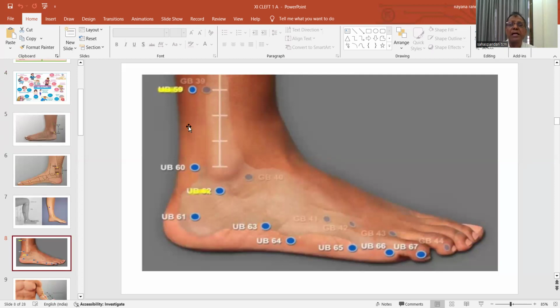See this, bladder 59 and bladder 62 for sciatica pain. It is a very painful, acute condition, and the patient is not able to walk properly.